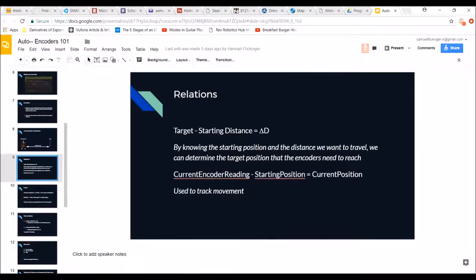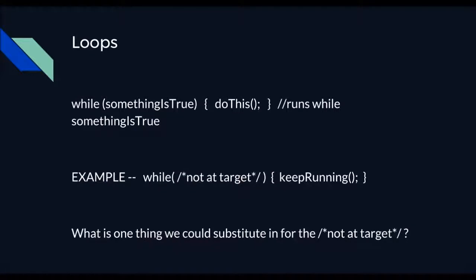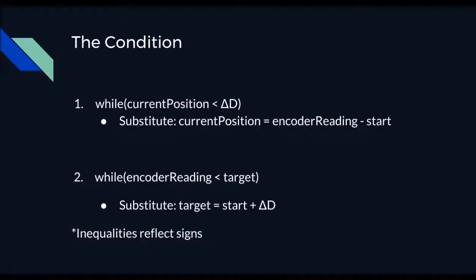We go back to this, and we see that we can calculate our current position, and if we know this, then with our starting position, we can figure out this other target right here. So we can take this information that we have and factor it all into one of these two conditions.